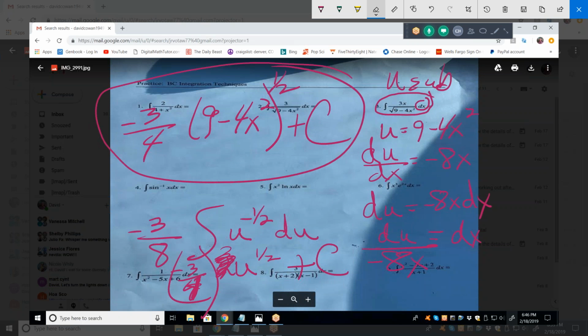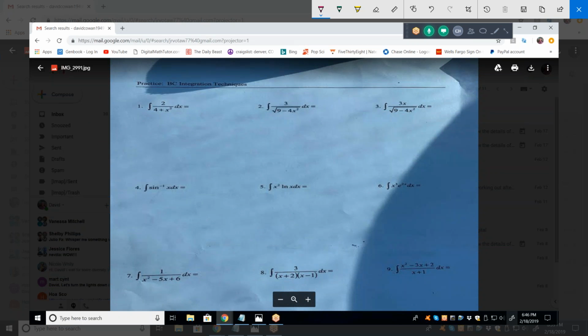Okay? See if we can meet up with number 4 here. Based on Lippitt, I'm going to do this integration by parts, which means I need u. So u would be inverse trig.